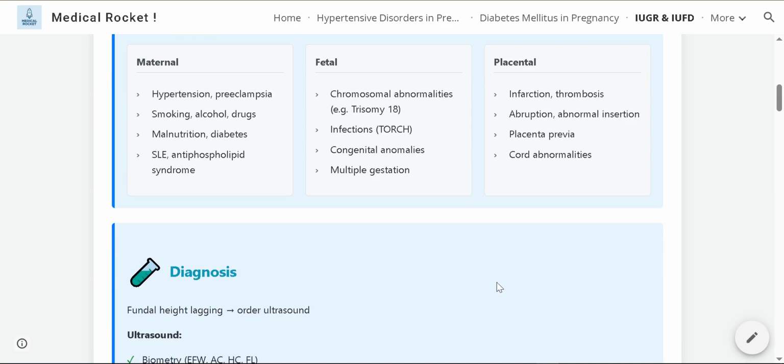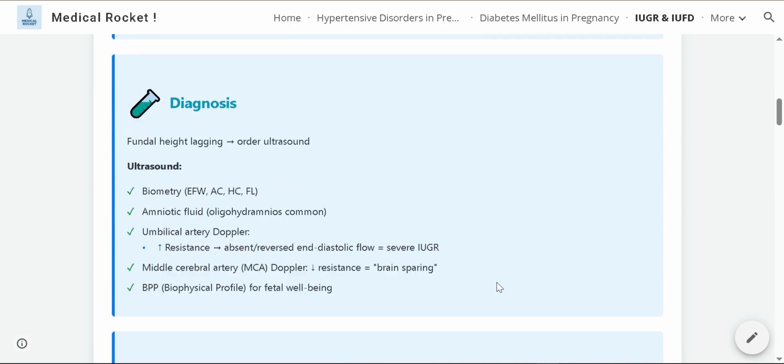Now, how do we diagnose IUGR? First clue: fundal height lagging behind gestational age. Next step: order an ultrasound. Ultrasound evaluation includes biometry. Look at EFW, AC, HC, and FL. Check amniotic fluid. Oligohydramnios is common. Umbilical artery Doppler.